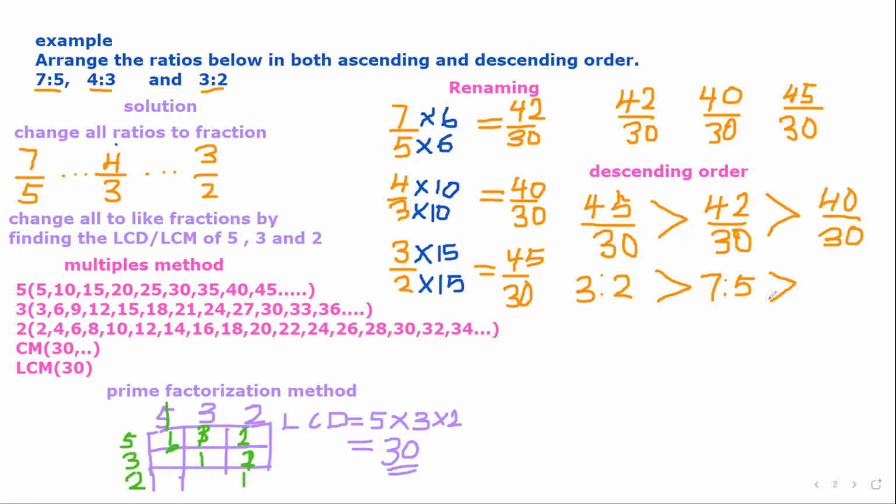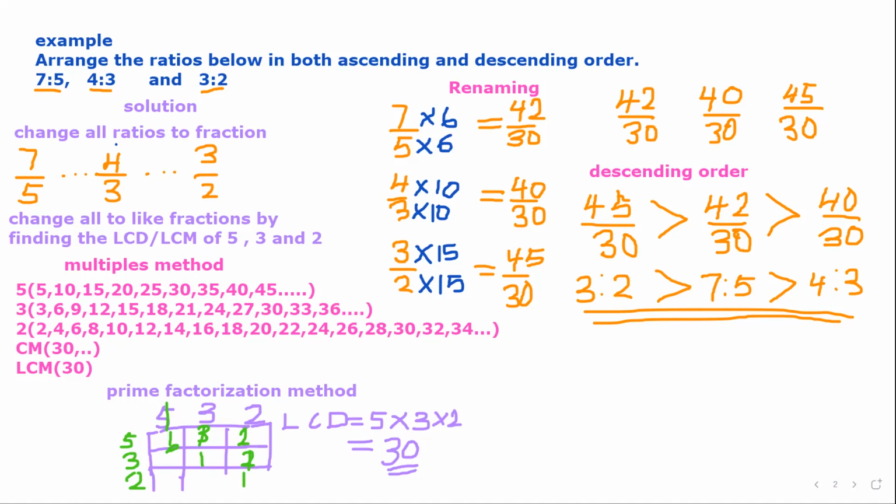And then the last one, 40, was derived from 4 to 3. Now, with this, we have done. So always after using the fractions to choose the one that is greater, later you convert them to ratio, like 3 to 2 is greater than 7 to 5, which is also greater than 4 to 3.